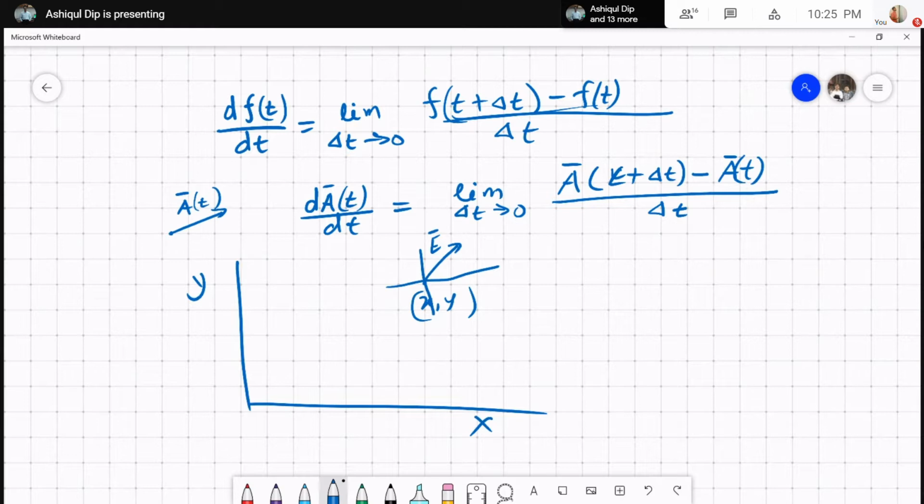So then it's not a problem to subtract between a future electric field vector and the previous or past electric field vector. That's not a problem. But it's going to be a problem when you have two vectors, like E at this point and another at the point x prime, y prime.